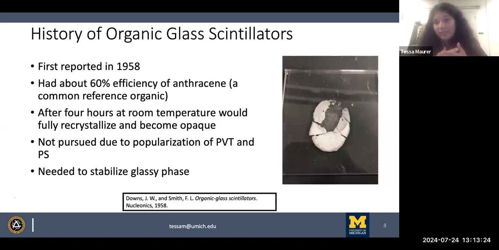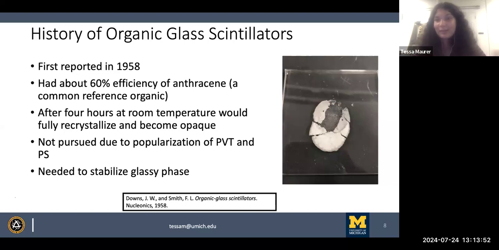But it's interesting that Patrick Fang and Joey Carlson, two chemists at Sandia who developed the organic glass scintillator as we know it today, stumbled upon this after they started looking into organic glass scintillators. They were curious: what happened with them? Why was this not pursued more? And it was really just that we didn't have stability of the glassy phase. That's really important.